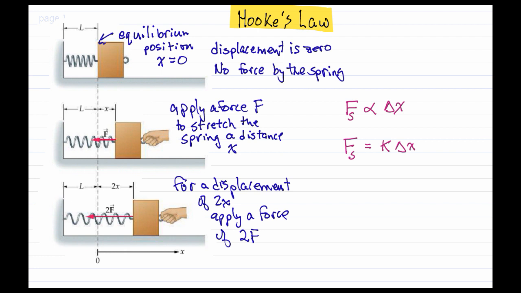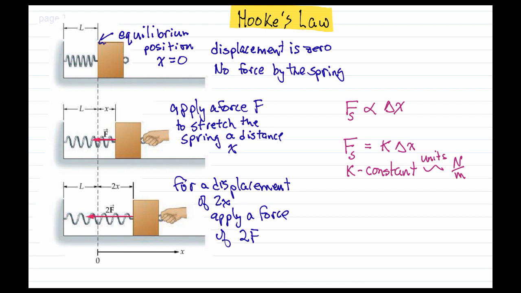And here, k is just a constant, and it has units of newtons over meters. And whatever the constant is, it depends on the spring, what it's made out of, and various other things. So we have the spring force is equal to a constant times how much the spring is displaced from its equilibrium position.